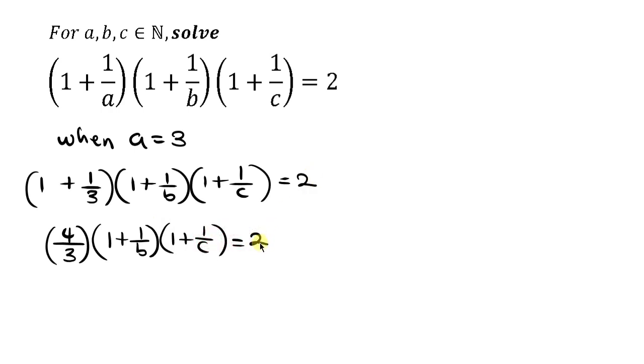Our next step will be for us to divide both sides by 4 over 3. So I'll divide the left-hand side by 4 over 3. I'll also divide the right-hand side by 4 over 3.